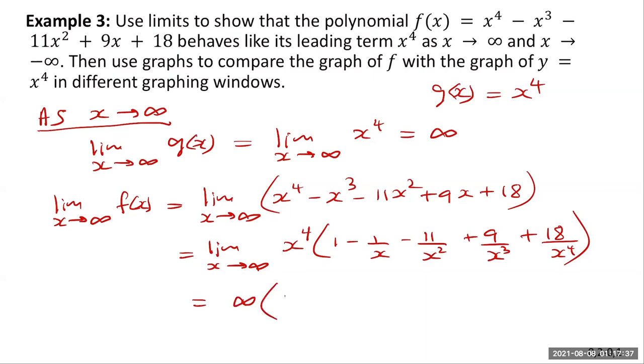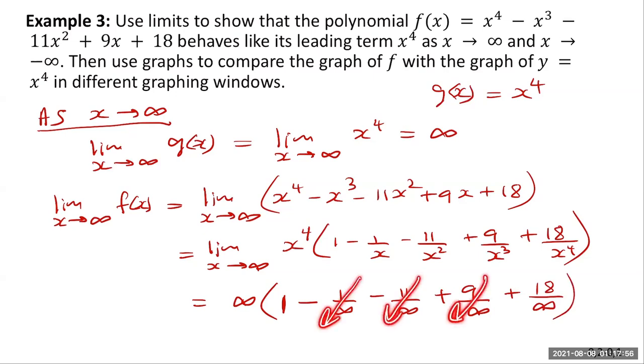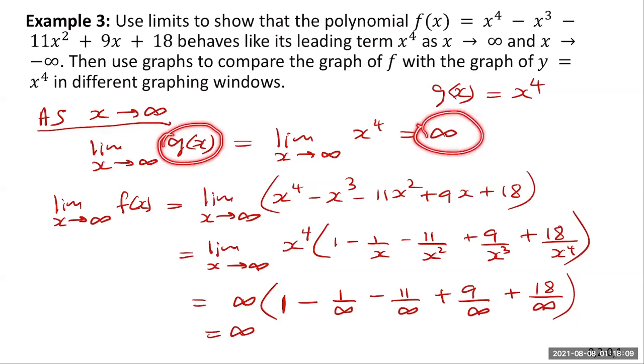And then here, 1 minus 1 over infinity, minus 11 over infinity, plus 9 over infinity, plus 18 over infinity. Notice that all of these are 0. So you have 1 times infinity, which becomes infinity. So as you can see, as x approaches plus infinity, the behavior of g of x, which is infinity, is the same as the behavior of f of x, which is also infinity.